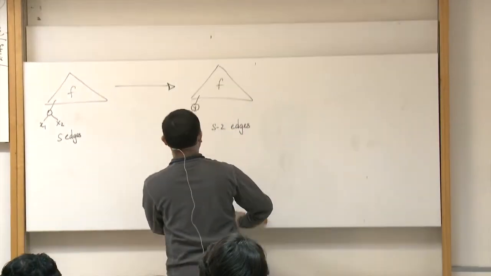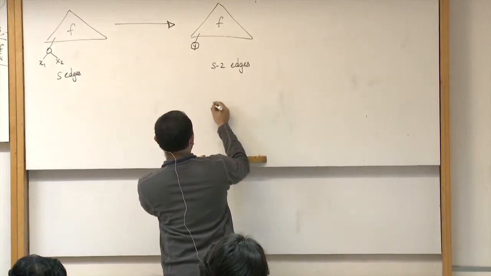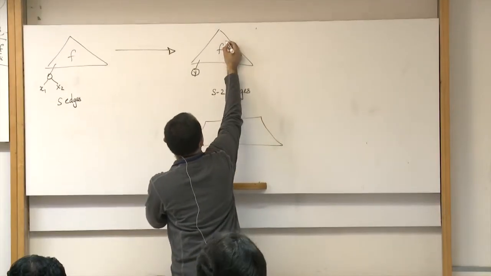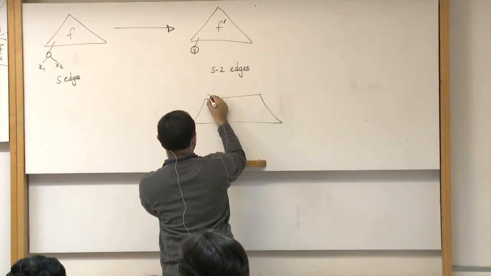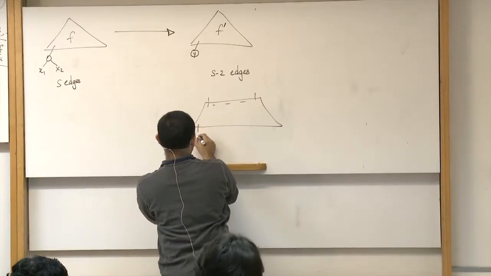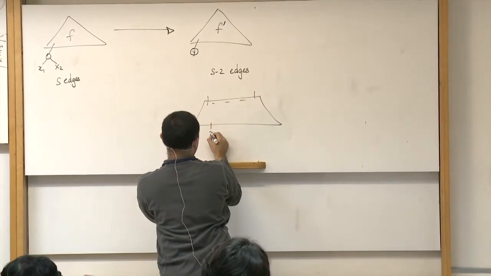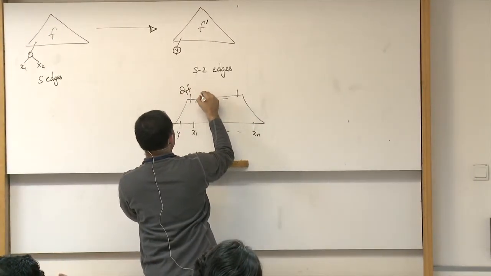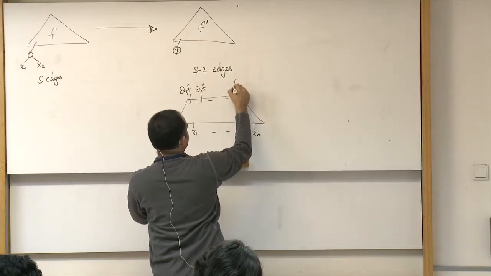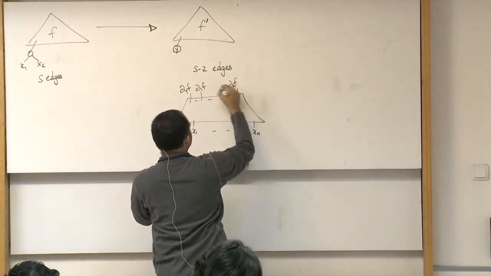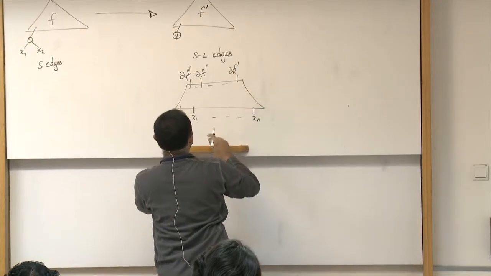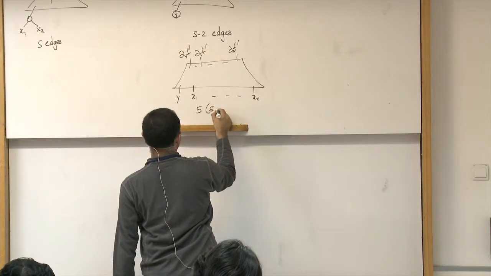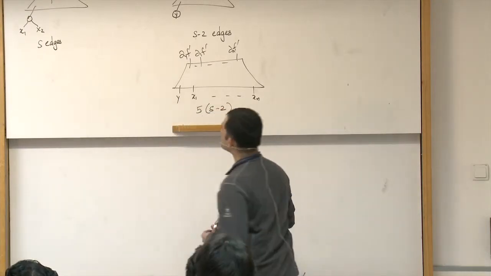I'm going to assume by induction that, calling this f prime, there is a multi-output circuit for f prime, with inputs y, x1 through xn, computing the partial derivative with respect to y of f prime and the partial derivatives with respect to x_1 through x_n of f prime, in size at most 5 times (s minus 2).